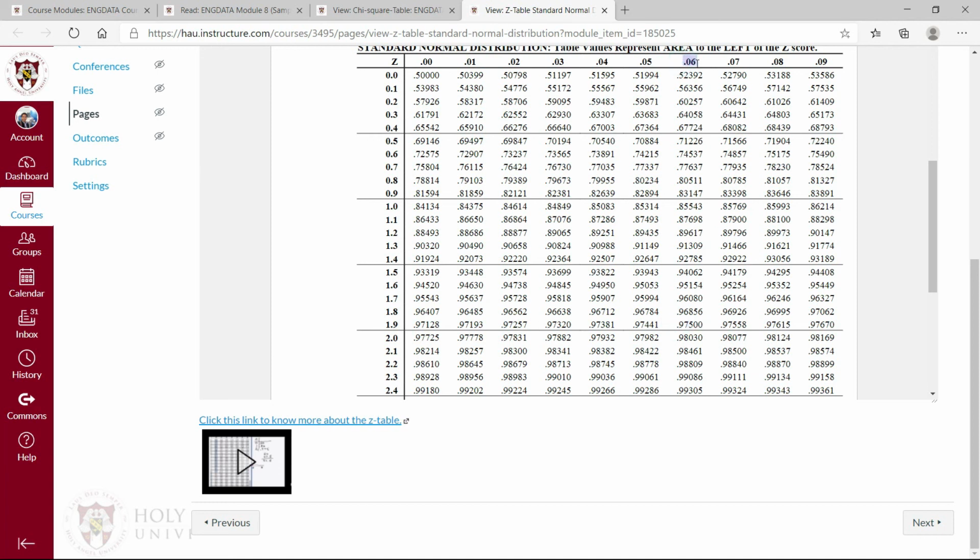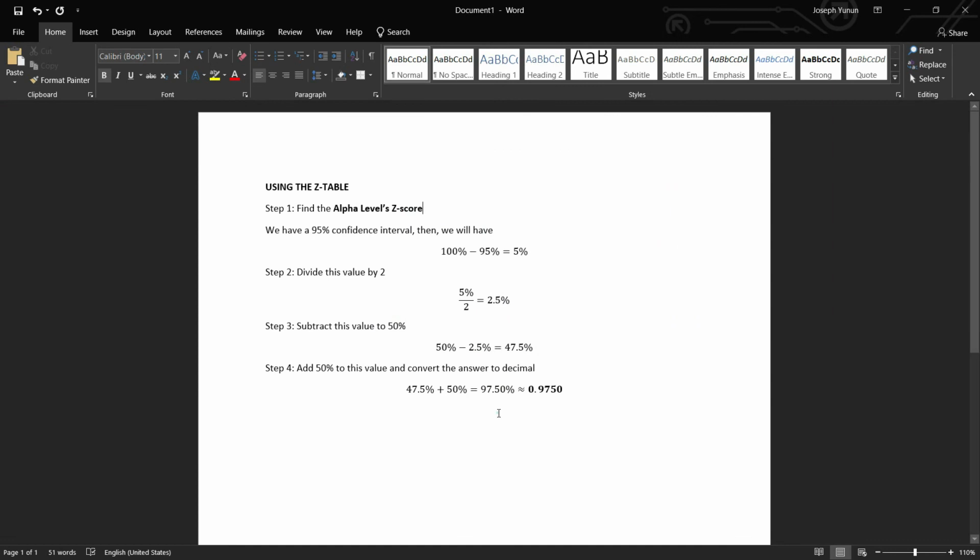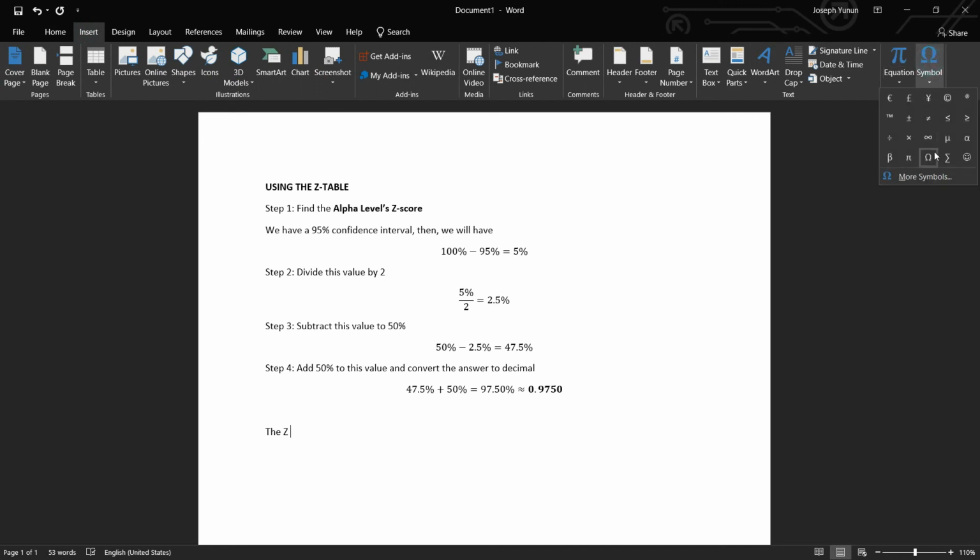So that gives us 1.96. So we could say that z alpha over 2 is equivalent to 1.96.